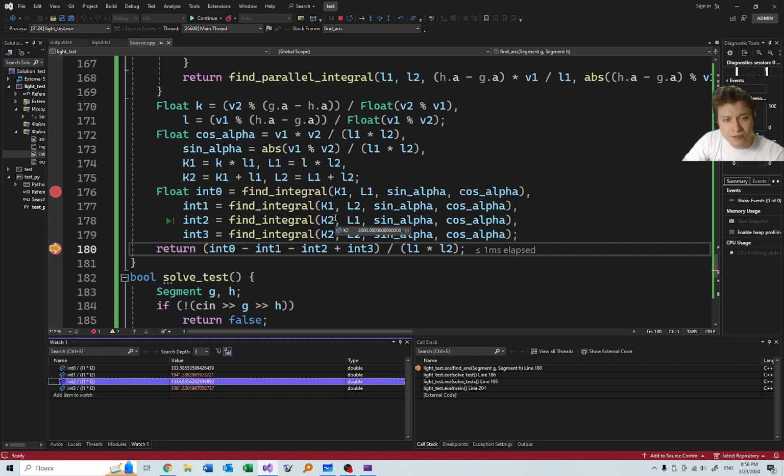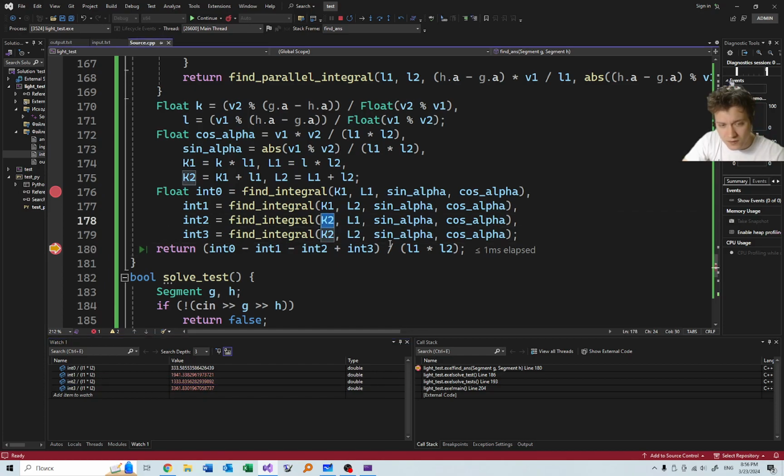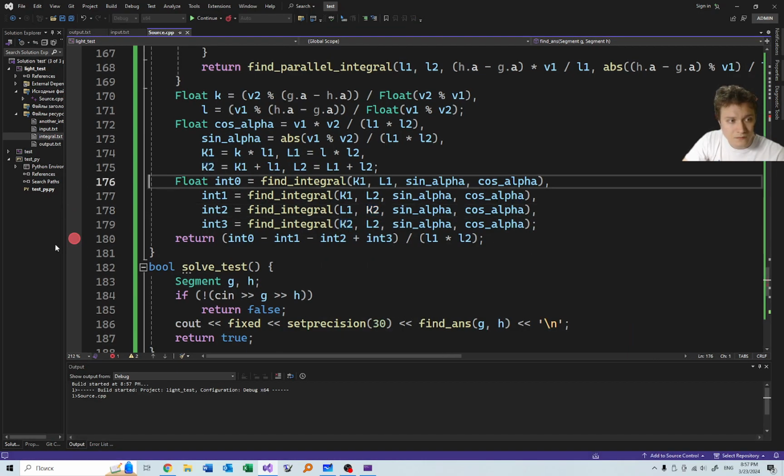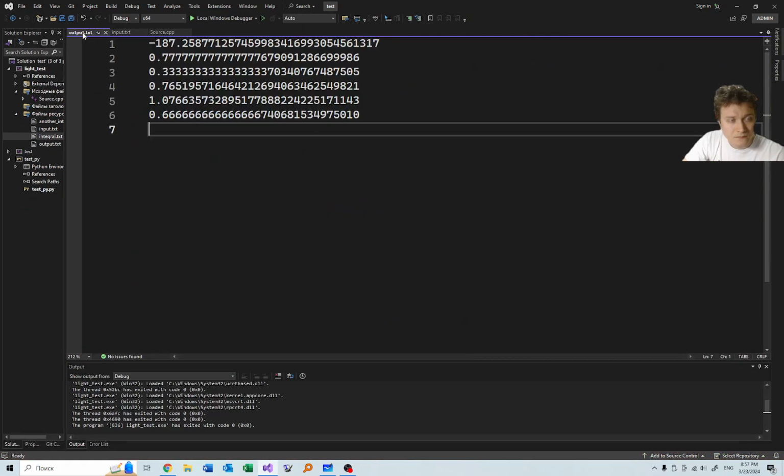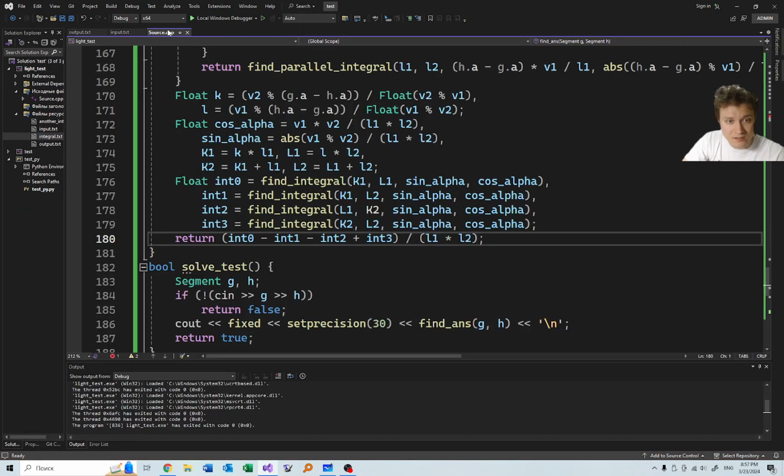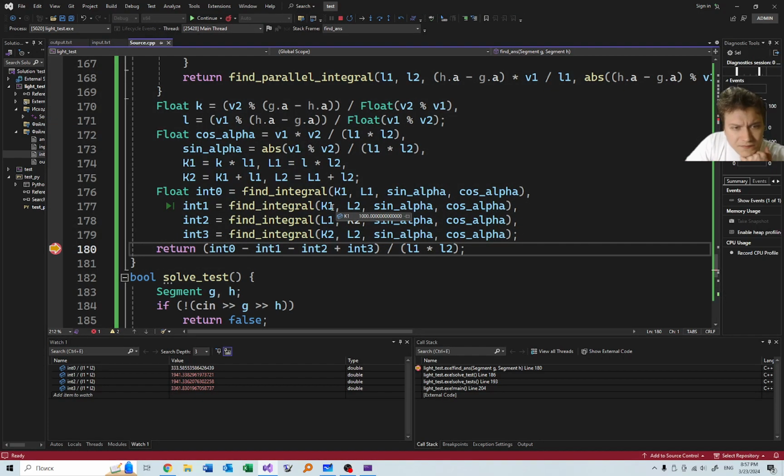What happens if we swap them? What happens if we write L1 and K2? Does it change a lot? And immediately it is tiny. Okay, this definitely does not make sense. Almost nothing changed.